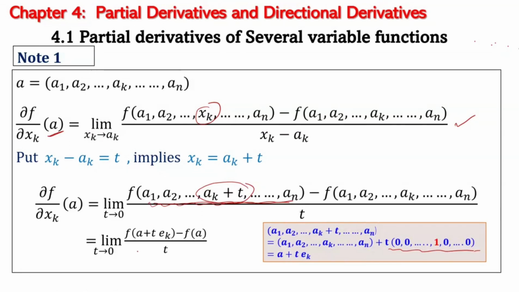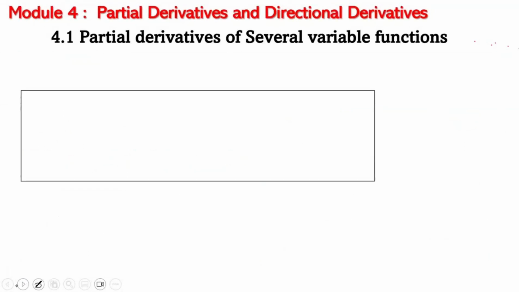So this vector can be replaced by the short form a plus t ek. We can rewrite it as the limit as t tends to 0 of f(a plus t ek) minus f(a), over t. Okay, now we have the second note.